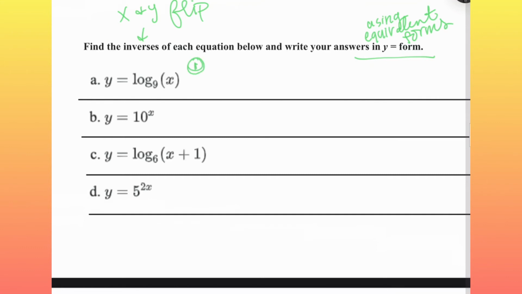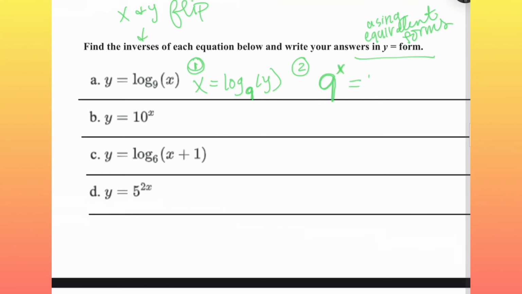So for our first one, y equals log base 9 of x. My first step, I'm going to apply the inverse idea, flipping our x's and our y's. And then I'm going to apply the second idea, which is swapping forms into that other equivalent form. So my base of 9 is now my base of 9, but in an exponential.